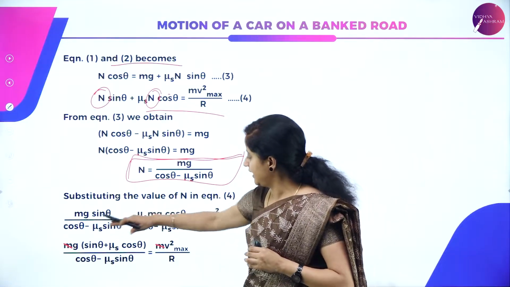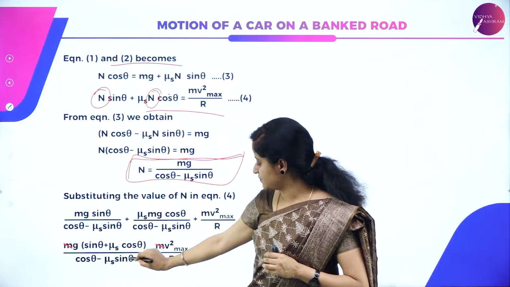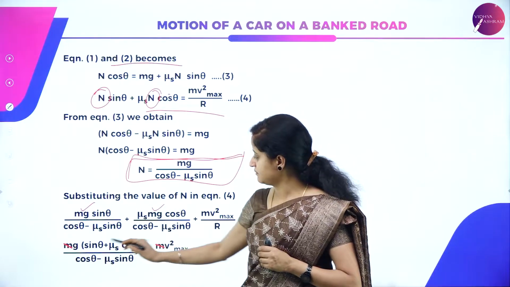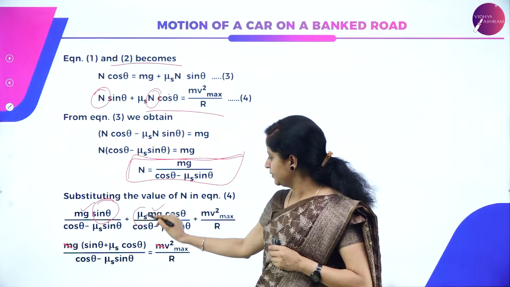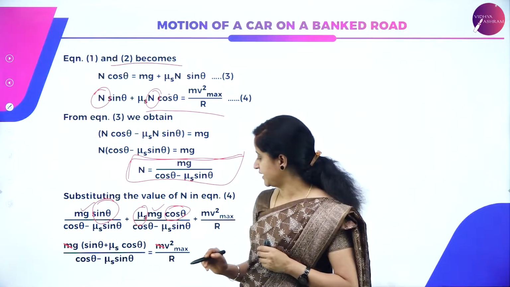Now on the LHS both denominators are the same, so we retain cos theta minus mu s sin theta, and in the numerator mg is common in both terms, so take mg outside and we remain with sin theta plus mu s cos theta, which is equal to mv square max divided by r.